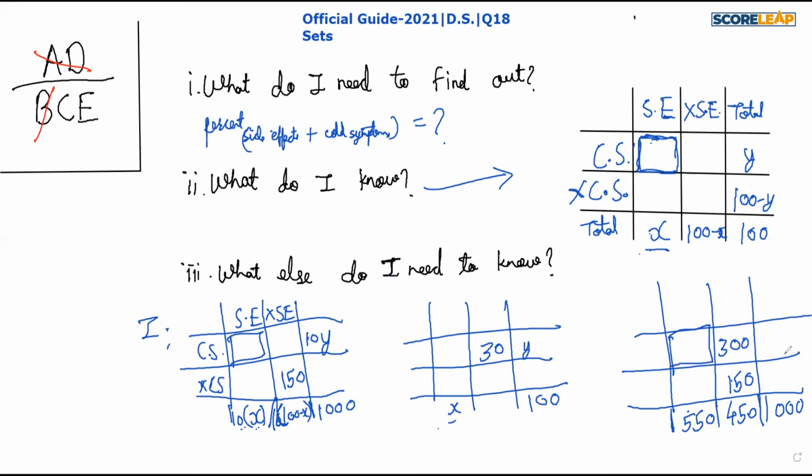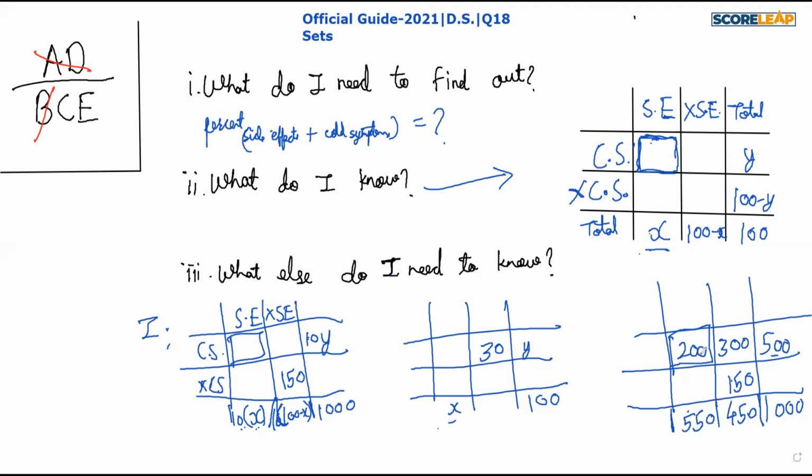We don't have any data about Y over here. If Y is 400, then this value will be 100. If Y is 500, then this will be 200.